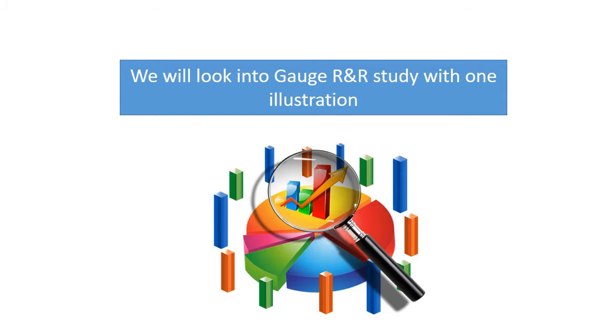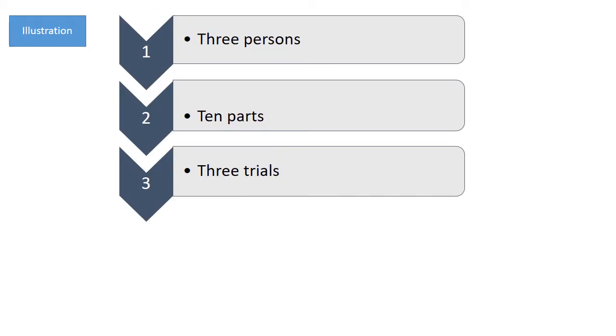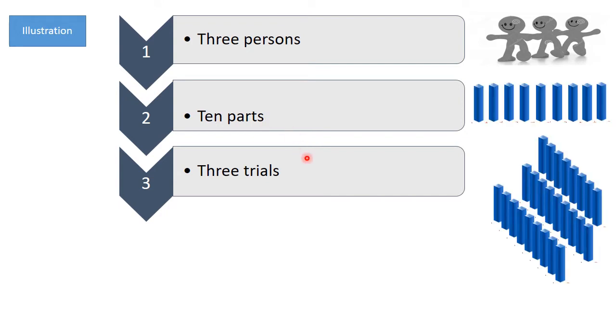We will further look into a gauge R&R study with one illustration. We will select three persons, 10 parts, and three trials for this study. Each person will check each part three times: part number one three times, part number two three times, part number three three times, up to 10.